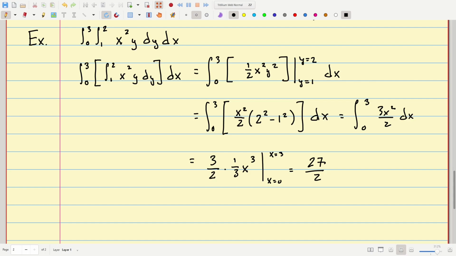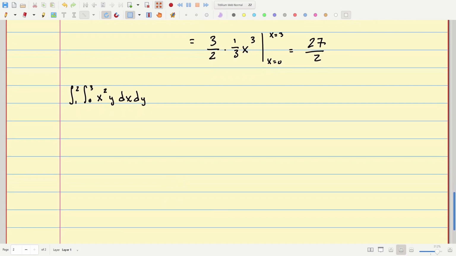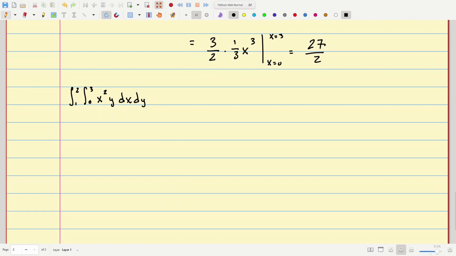Now, the next thing that we want to do for this example is do it the other way. So I have switched both the limits of integration and the order of integration. The limits and the dx and dy have both switched.